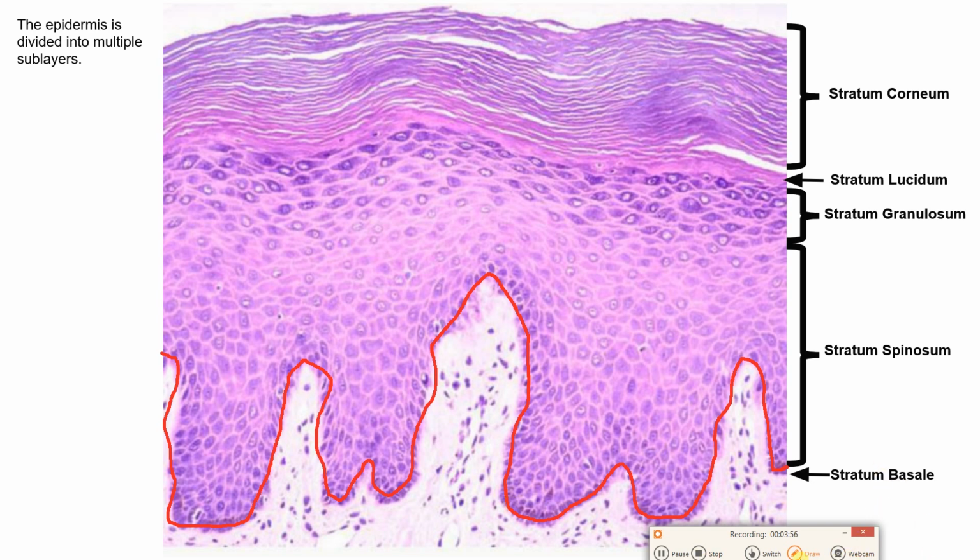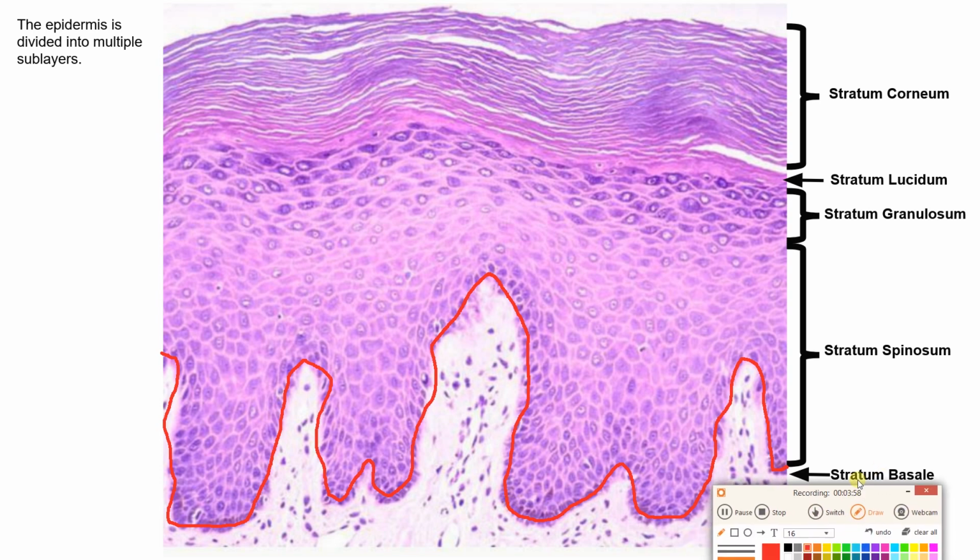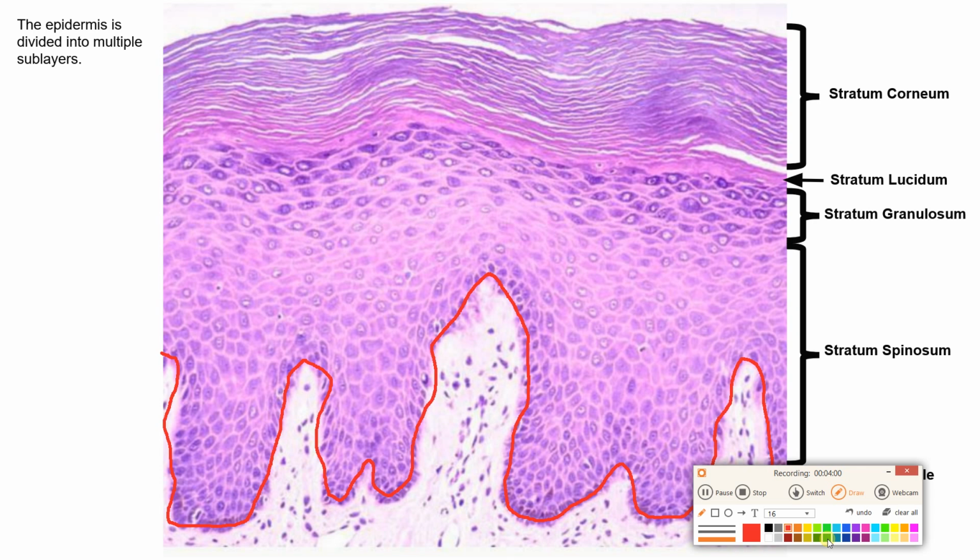Now, above the stratum basale is a layer with multiple rows of cells, and this is called the stratum spinosum. One of the things we mentioned last video was that epithelial cells have special connections, and one of the special connections was this really strong one called the desmosomes.